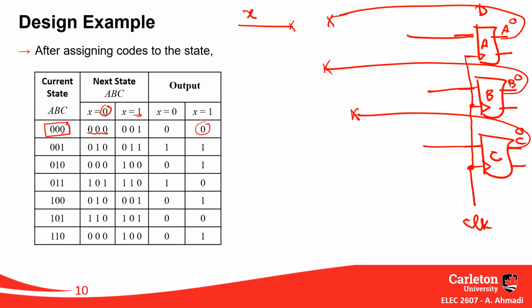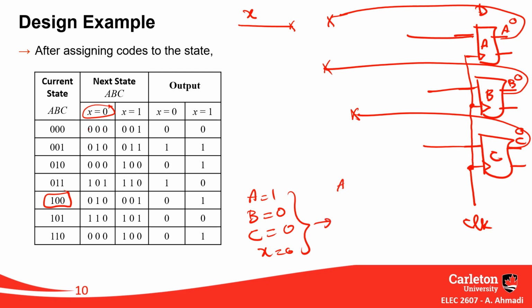For example, in here, just jumping to this state, let's say A currently is equal to 1, B is equal to 0, C is equal to 0. If X is equal to 0, then you want A next, A(n+1), to become, you see this one here, you want A to become 0.